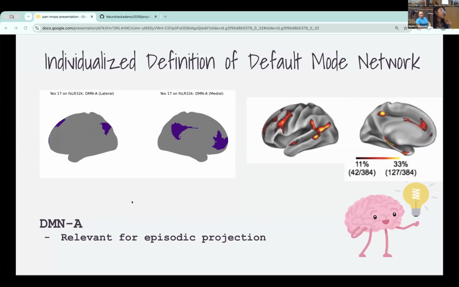It shows, across more than 300 participants, the variance of network functional structures. A brighter color means there's more variance across participants. The essence of the figure is that some regions have more variance, some less, and DMN has the highest variance. So we would like to see if using an individualized definition of DMN would give us better analysis results.